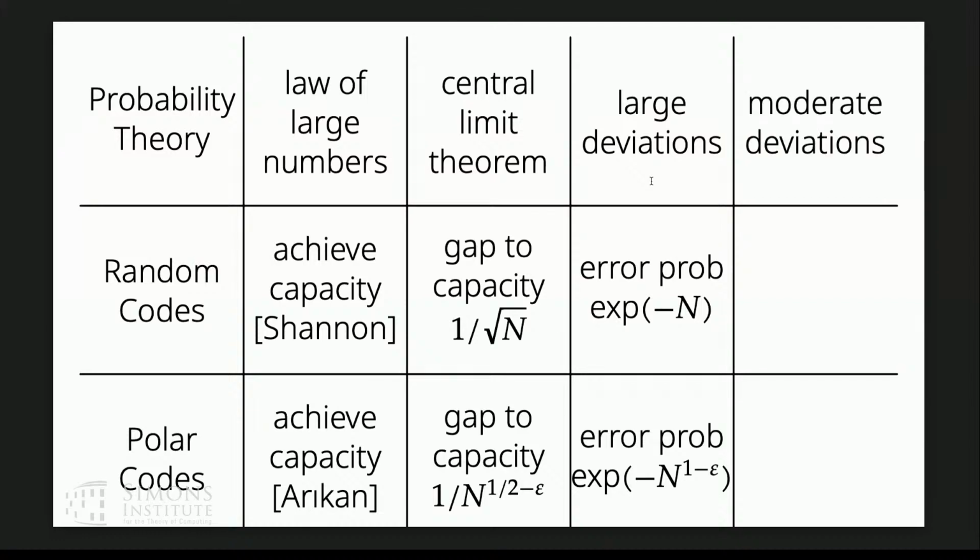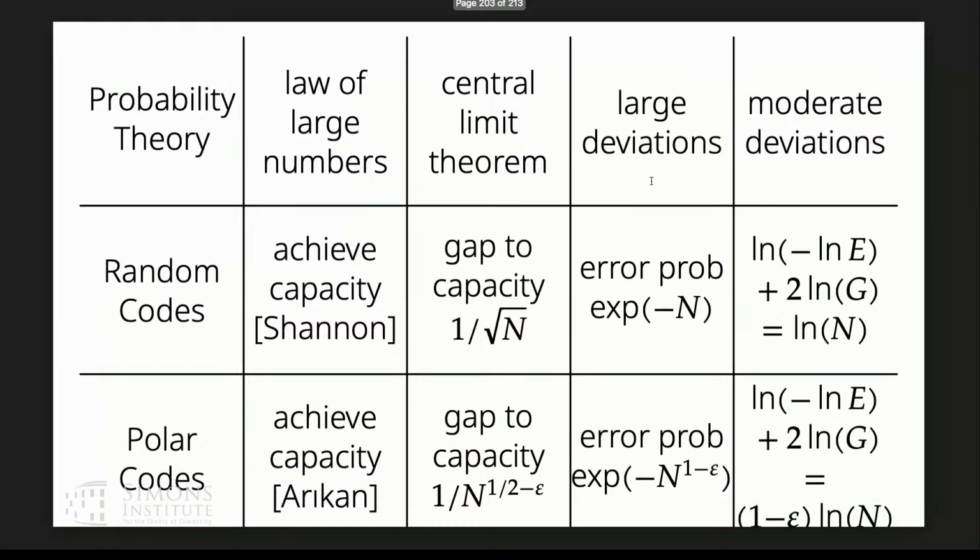And then we also talk about moderate deviation. The moderate deviation is like, what's the trade-off between scaling exponent behavior and the large deviation behavior? And there's a convex function between them. So here is the correct description, up to minor terms, of what random code can achieve and what polar code can achieve. In this expression, E is the error and G is the gap to capacity.